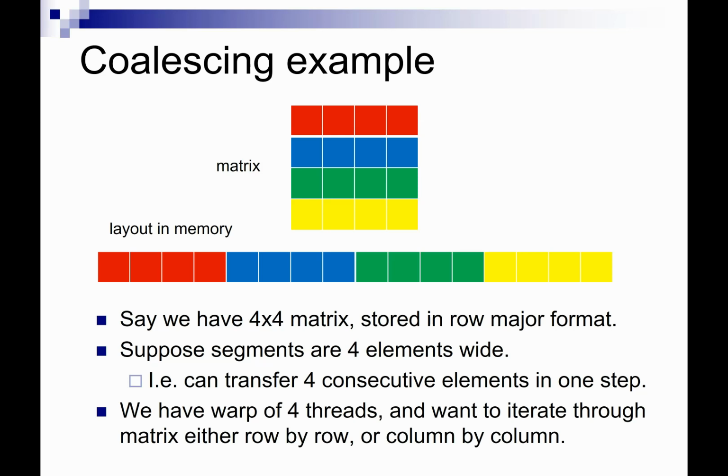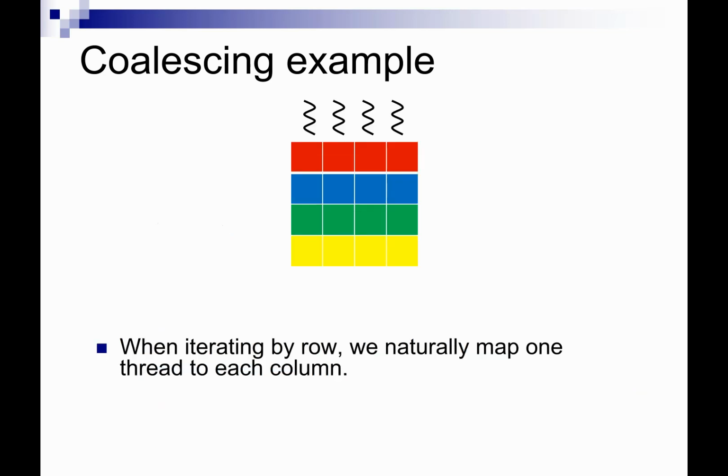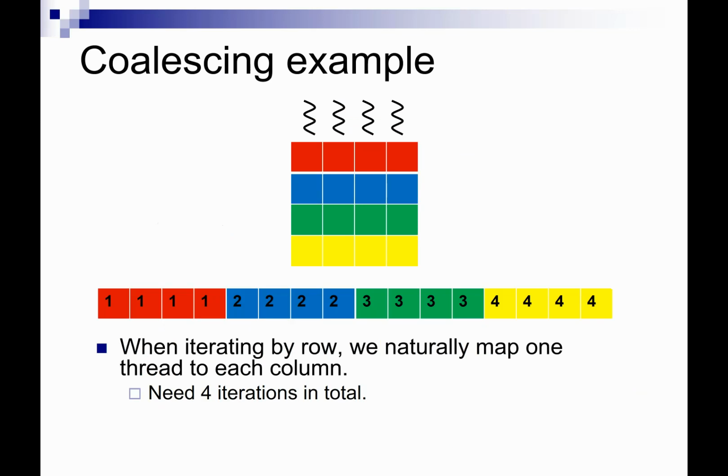Now, suppose you want the warps to iterate through this matrix, either row by row or column by column. Let's first look at it row by row. If we iterate through this row by row, then we first want to access this entire red row. Now, how is the red row stored in global memory?